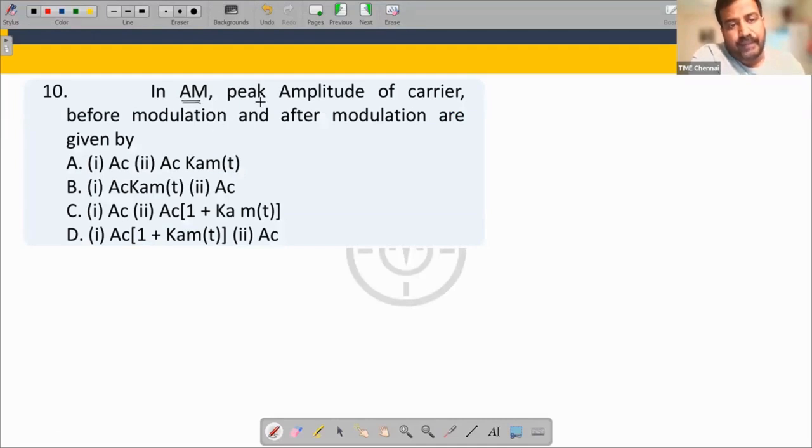In AM, peak amplitude of carrier before modulation and after modulation are given by.